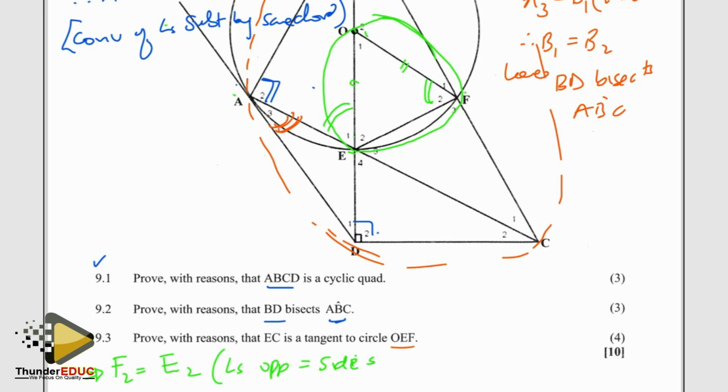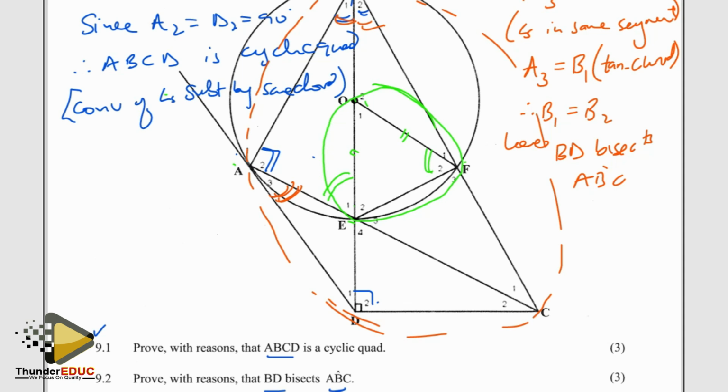So this angle is the same as that. Then if that is true, we were told about the 90 and the bisections.